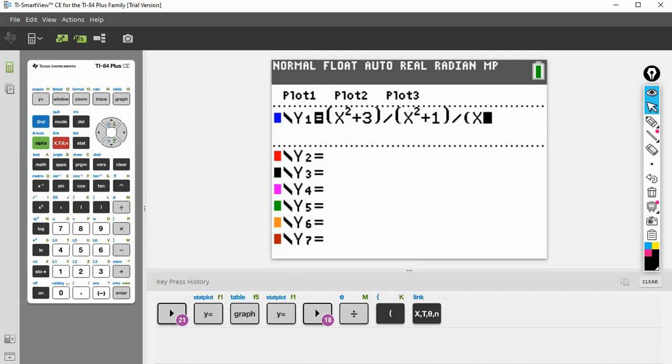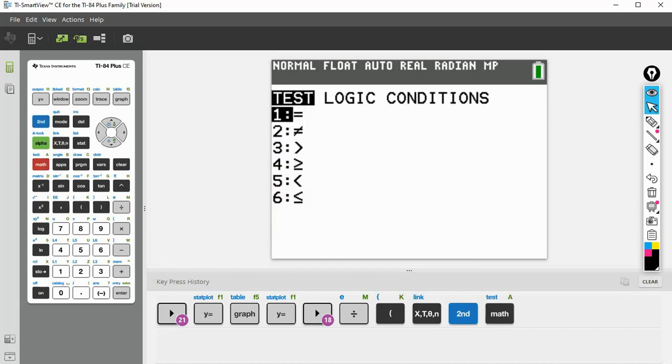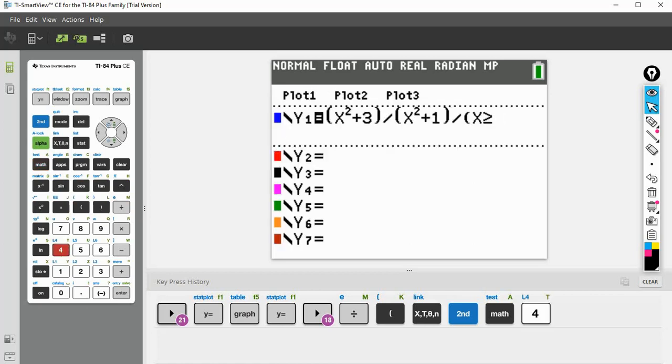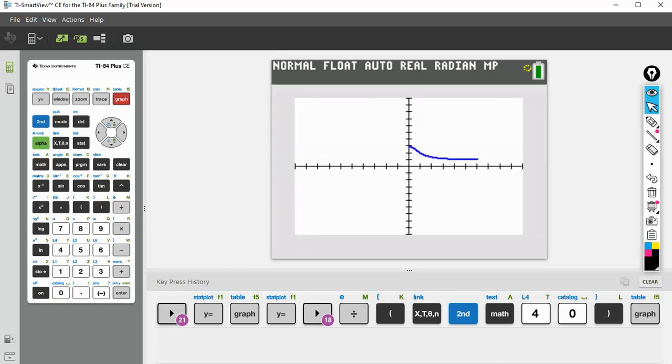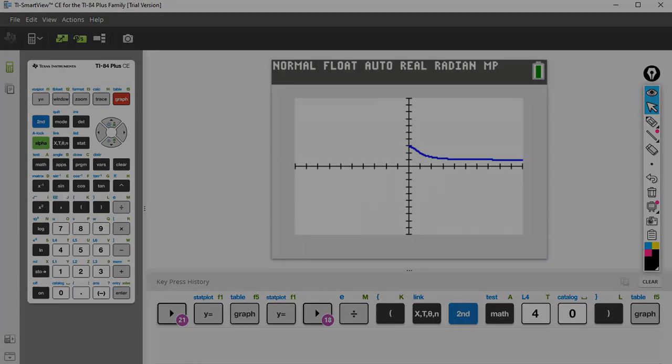To get that symbol for greater than or equal to, we hit the second button and then math. We want greater than or equal to, so that would be number 4. So x greater than or equal to 0, and then we close parenthesis and hit graph. And there you are. Now we restricted the domain to x values that are greater than or equal to 0. So now we can find the inverse of that function.